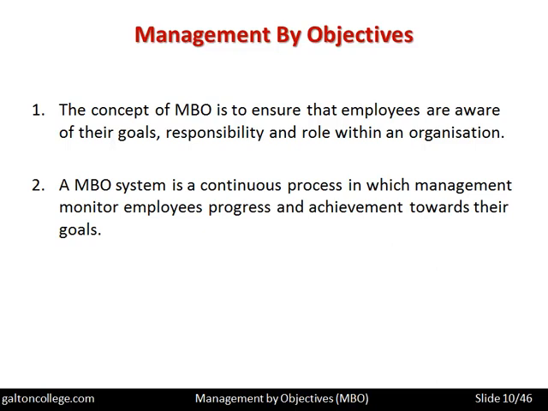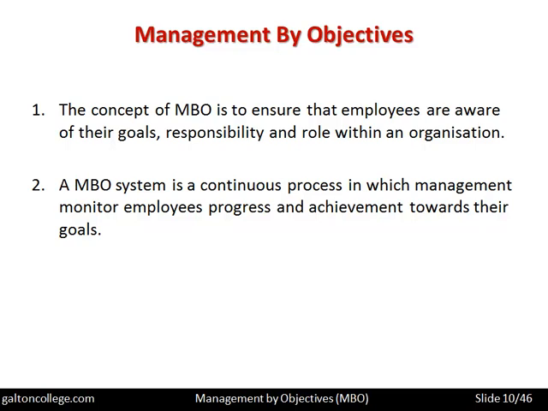A management by objective system is a continuous process in which management monitors employees' progress and achievement towards their goals. So the management monitor the employees, and they must monitor the employees on a regular basis. In fact, all parts of the organization should be monitored to ensure that all parts, all employees and managers are achieving what's asked of them.